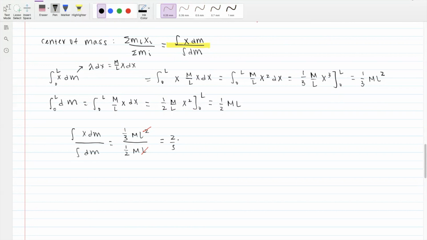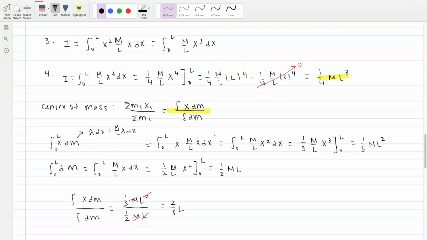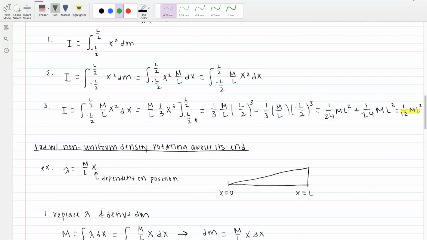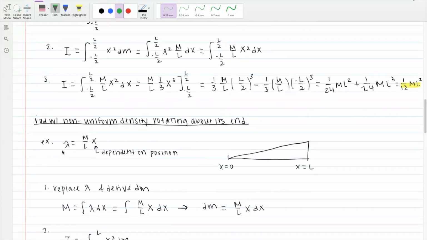And we have the m's also cancel out. So we have 2/3 L. So that means that our center of mass for this object, given that the density is m over L times position, will be 2/3 L.